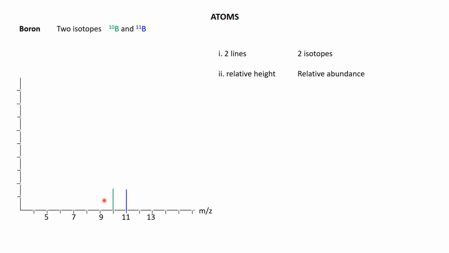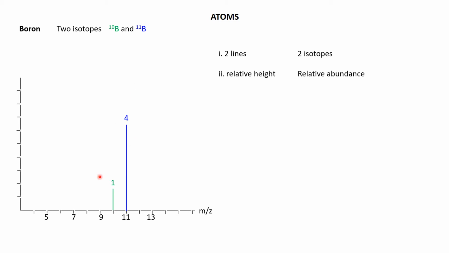So for boron, we wouldn't just see two nice lines here at 10 and 11, but the line at 11 is much bigger than the line at 10. Indeed, the one at 11 is 4 times as big as the one at 10. So what we're measuring here on our vertical axis is essentially just relative height. We'll talk about that in a little while.